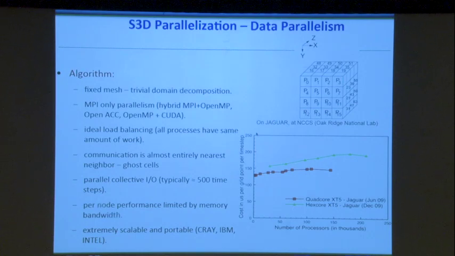The code is extremely scalable and portable. And so in this plot here on the bottom right, I'm showing the weak scaling performance of S3D on now an older machine, Jaguar. And what's plotted is the cost per grid point per time step on the ordinate versus the number of processors.